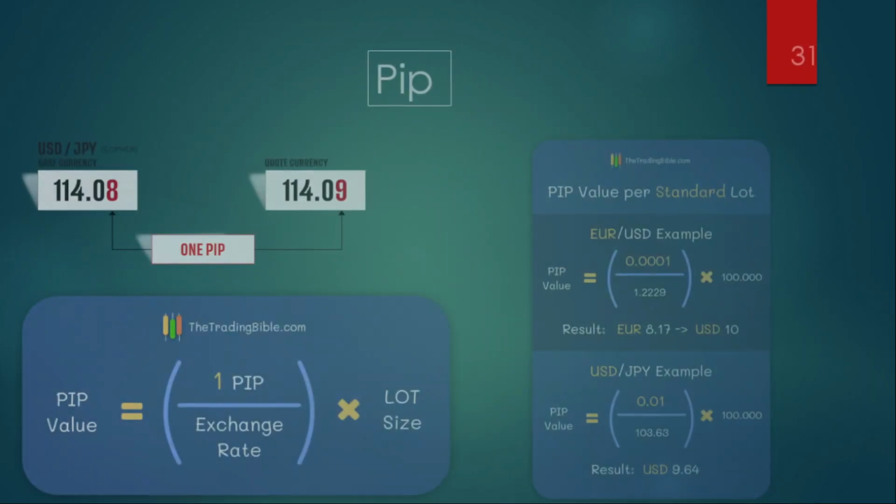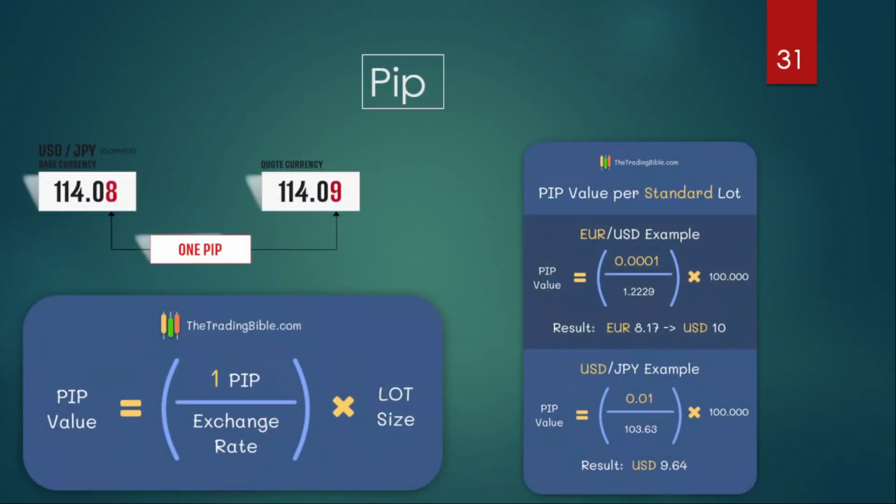Okay, let's talk about a pip. What is a pip? A pip is the smallest price movement, like we said. Let's take an example, USD/JPY. We all know that USD is the base currency and JPY is the quote currency.